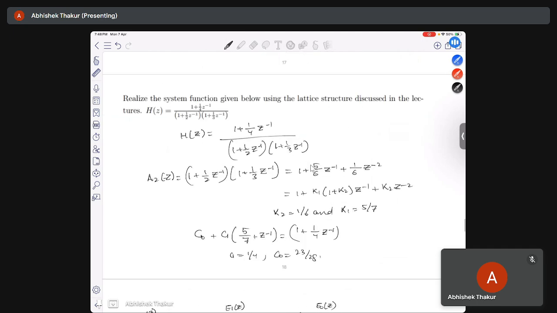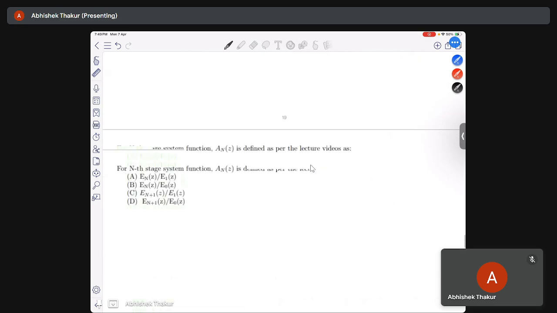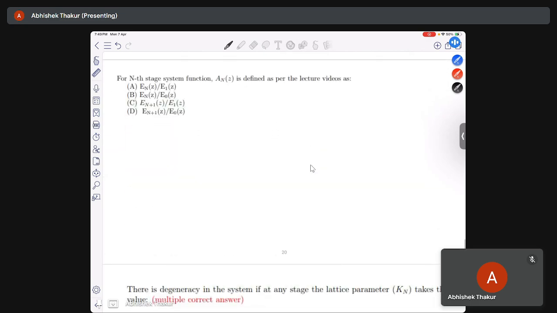This is the signal flow diagram for the given question. So now moving to the next question.